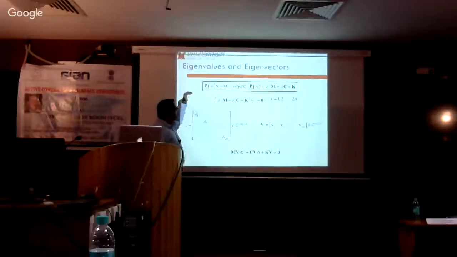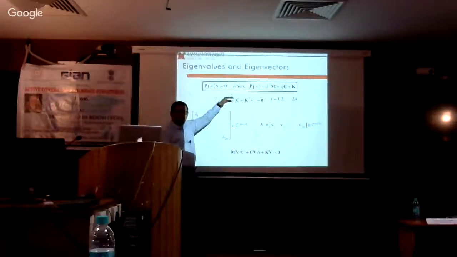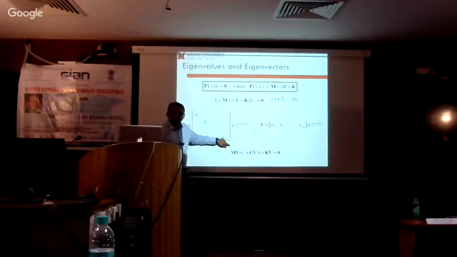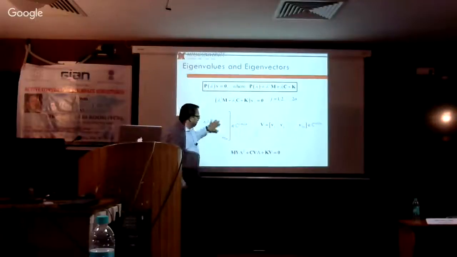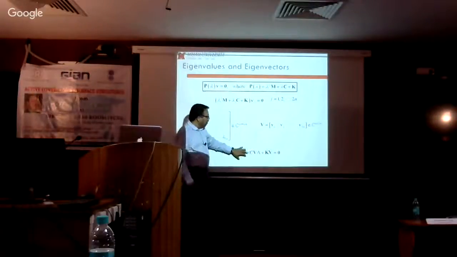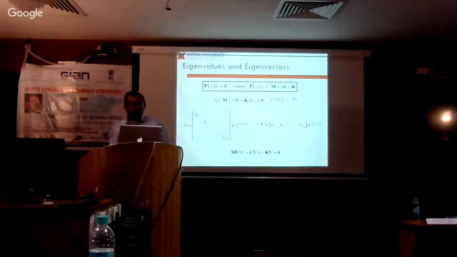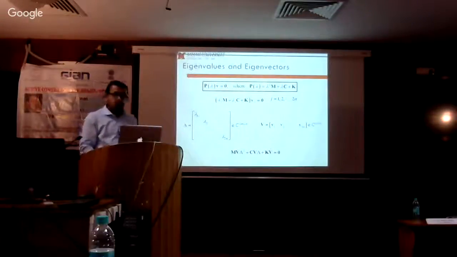You can decompose this quadratic eigenvalue problem into this form, provided delta here is a diagonal matrix and V here is the matrix composed of all the 2n eigenvectors. This is the property of the quadratic eigenvalue problem.